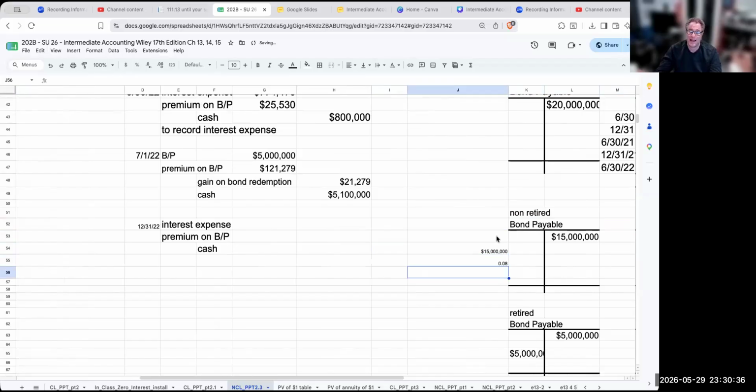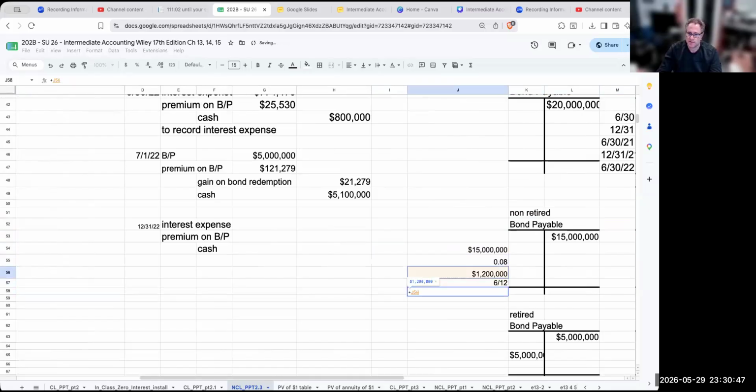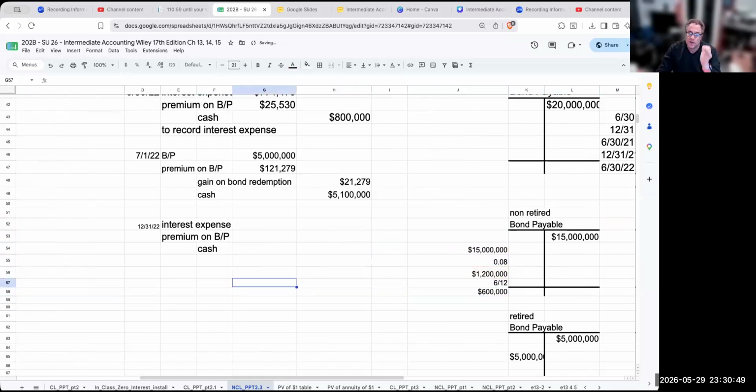Remember, this is always going to be an annual rate. So my annual interest amount is going to be 1.2 million, but I'm paying this every 6 months. So I'm going to multiply this by 6/12, so 0.5. So the amount of cash that I'm paying out is going to be 600,000.